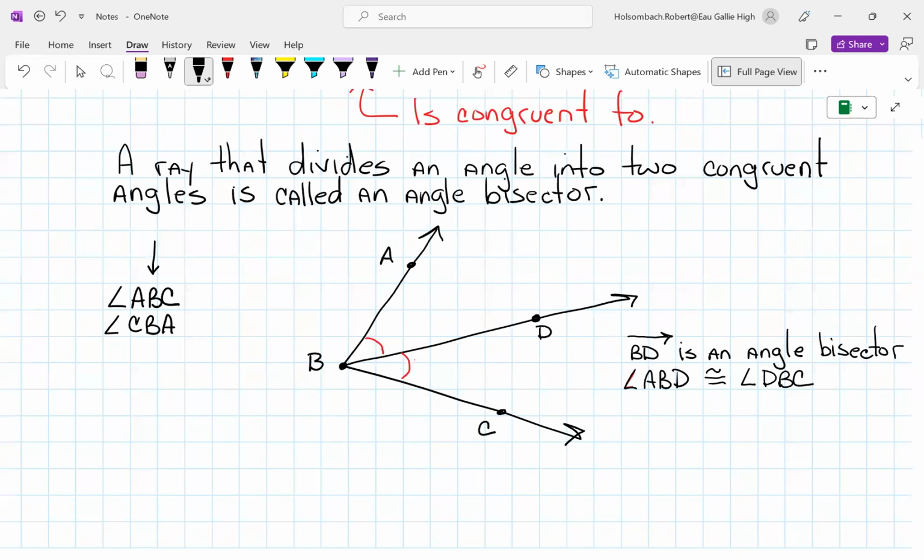So if we put an angle measure here for angle ABD and we call it 40 degrees, what would be the measure of angle DBC? 40 degrees, very good. And now, what would the measure of angle ABC be equal to?